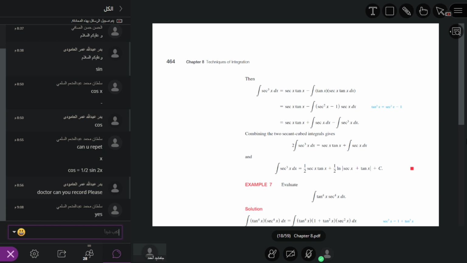It is equal to half of sine (3 minus 5), which is minus 2x, plus sine (3 plus 5), which is 8x.